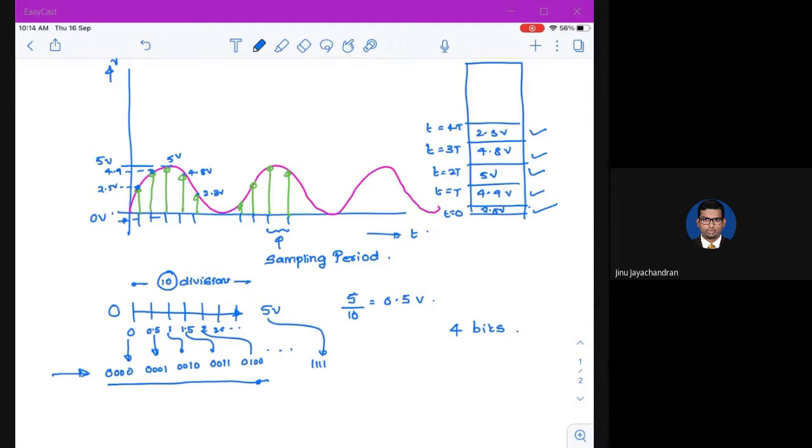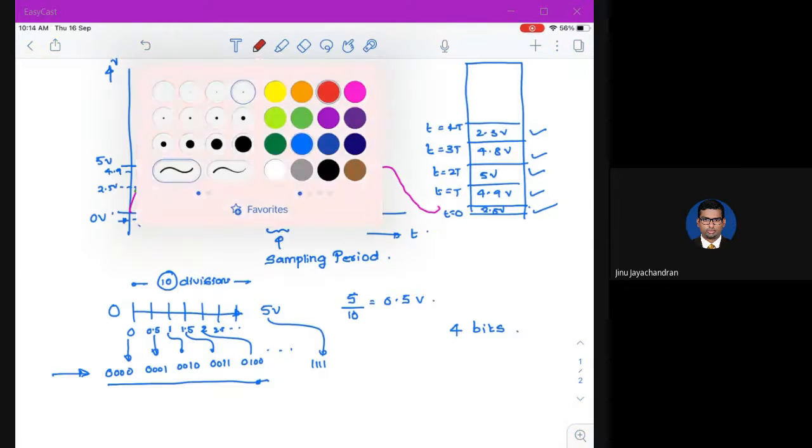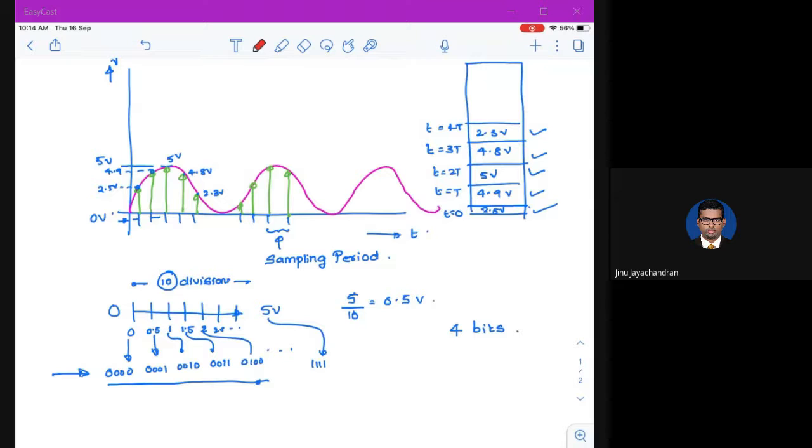But the voltage that we read is something like this: 2.3, 4.8, 5, 4.9. And if you look at this, this is 0.5, 1, 1.5, 2, 2.5. You will not be able to get 2.3 or 4.8 or 4.9 in this one. So what will you do? The answer is you will approximate it to the nearest boundary.